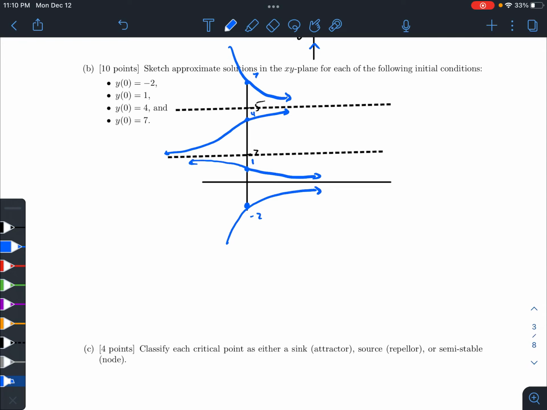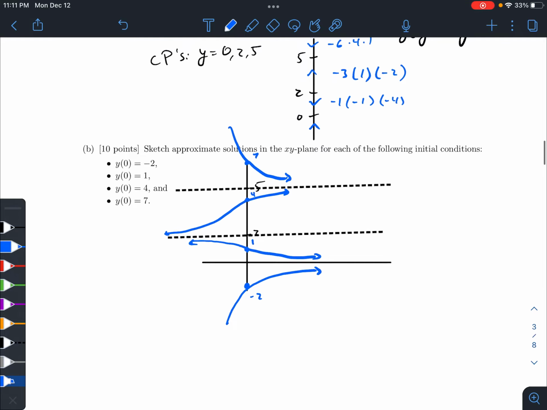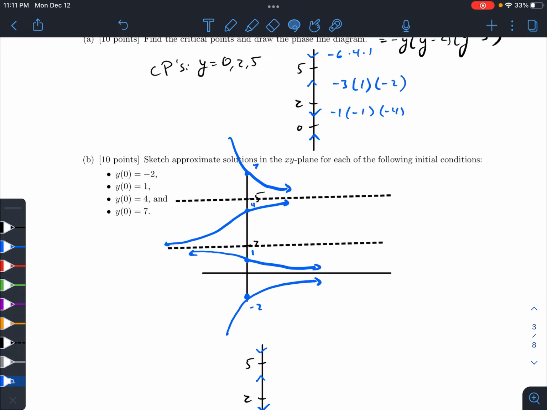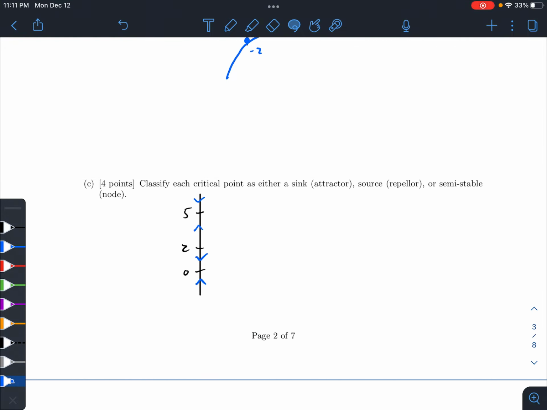And classify each critical point as an attractor, repeller, or node, or whatever you want to call them. Just going to bring this down here. This is easy to see. So this is an attractor.